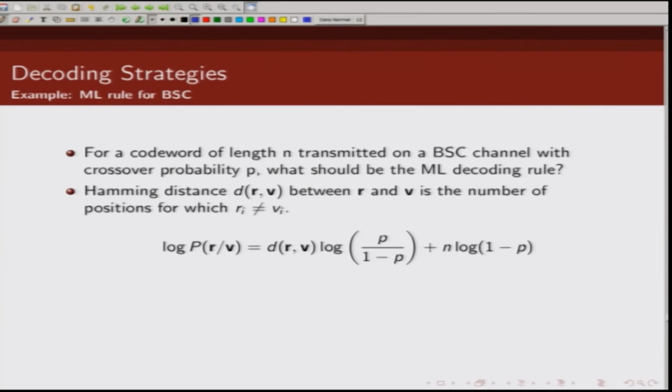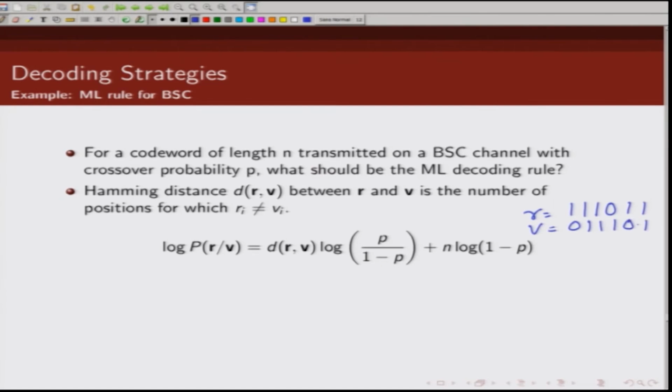Now, what is the Hamming distance between two code words, or two n-tuples? Let us call it the Hamming distance between R and V, both being n-bit vectors. The Hamming distance between R and V is defined as the number of positions in which R and V differ. For example, let us say R is 1 1 1 0 1 1 and V is 0 1 1 1 0 1.